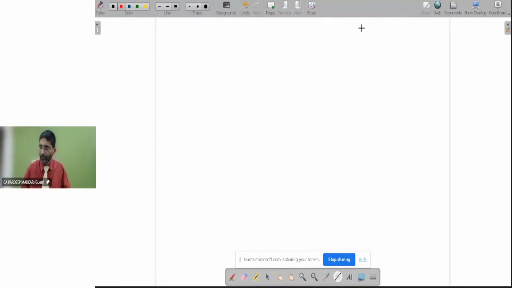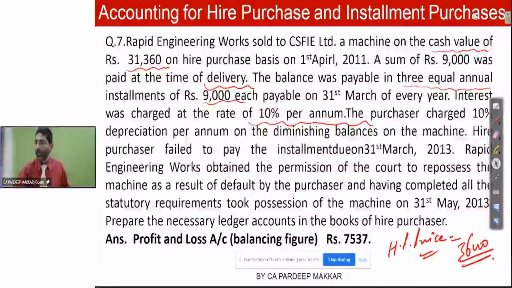Prepare fast. So we have to prepare vendor account. What is the name of the vendor? The name of the vendor is Rapid Engineering Works, and the name of the asset is machine. Okay. So we are talking about the machine, Rapid Engineering Works and machine.